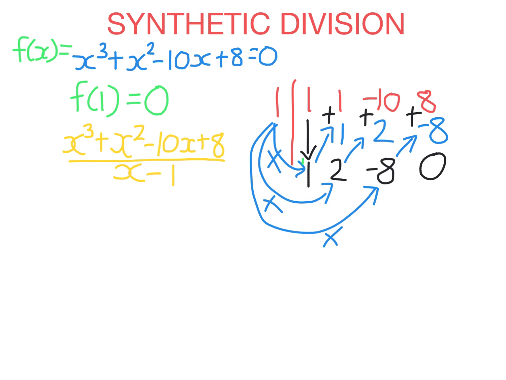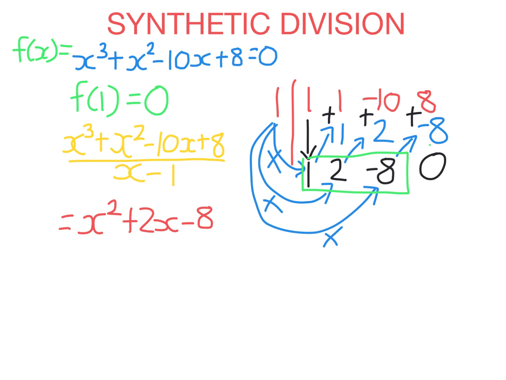So these three numbers here are the coefficients of that quadratic. This divided by this is equal to: first coefficient 1 is of x squared, 2 is the coefficient of x, and negative 8 is the constant term.